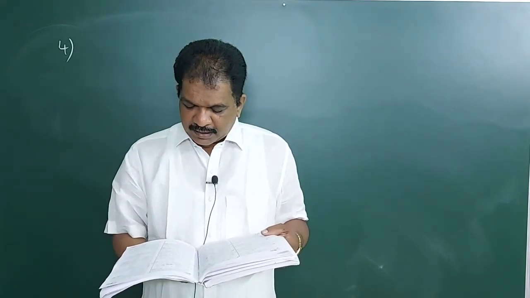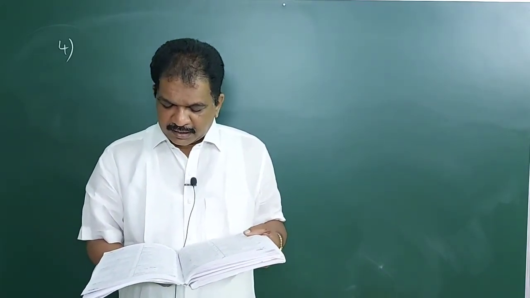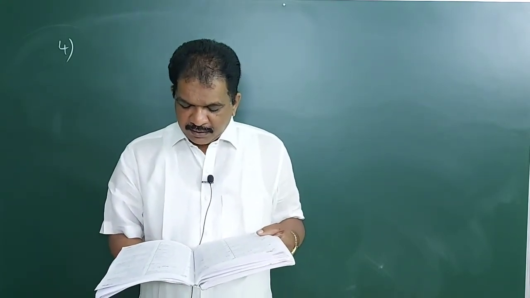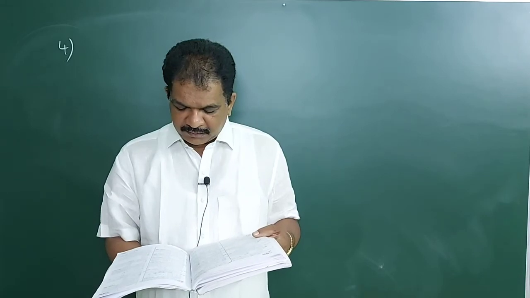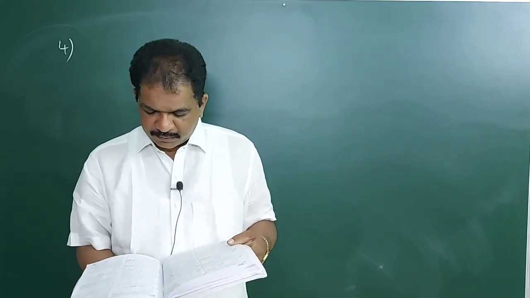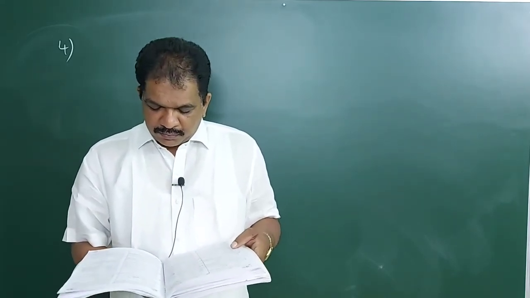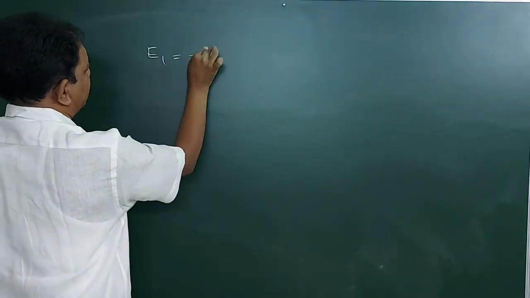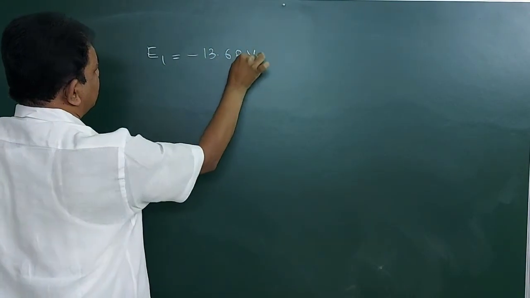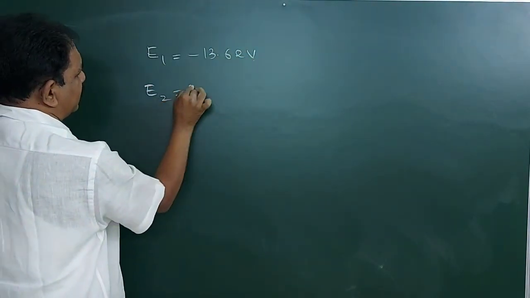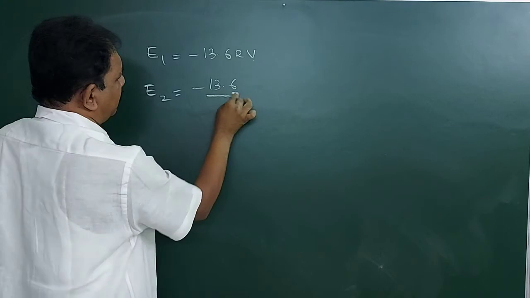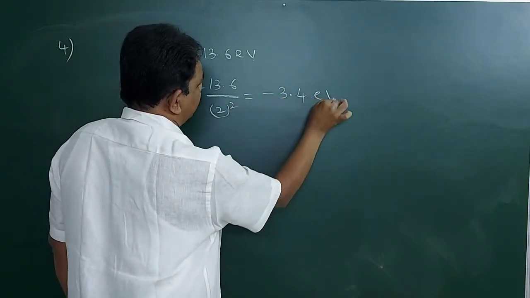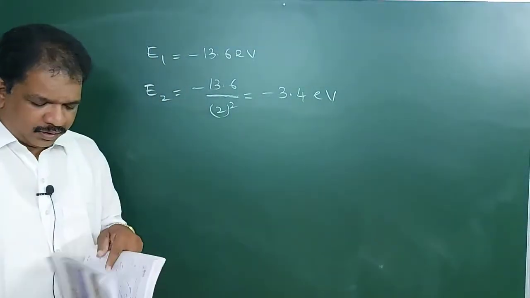When the electron is in the first excited state, its excitation energy will be, okay. So how to do this one? In the ground state, what is the energy? Minus 13.6. In the first excited state, minus 13.6 by 2 squared, minus 3.4 electron volt.